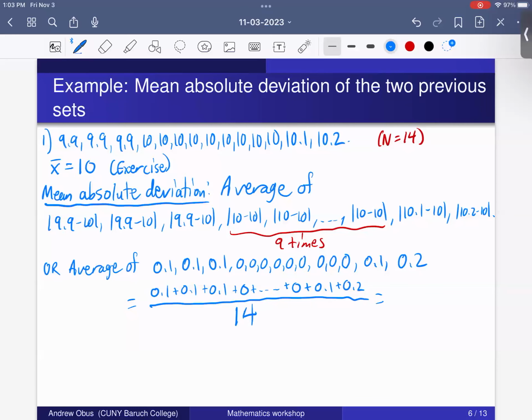And so when you add it all up, this is 0.6 divided by 14, which comes out to be 0.043, roughly. Okay, so in this case, the mean absolute deviation is going to be about 0.043.